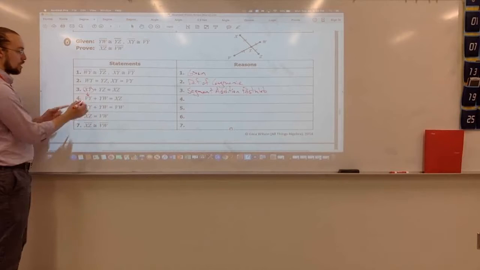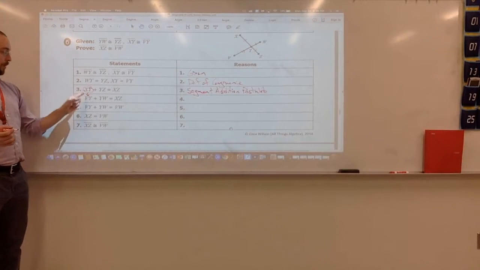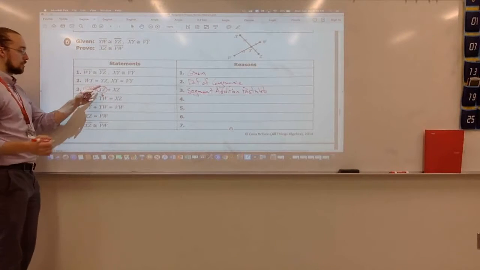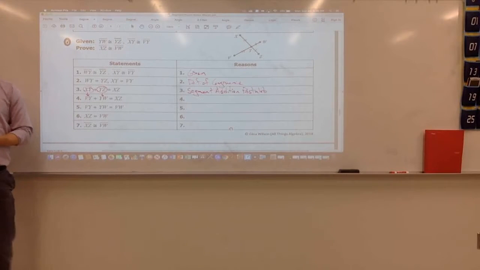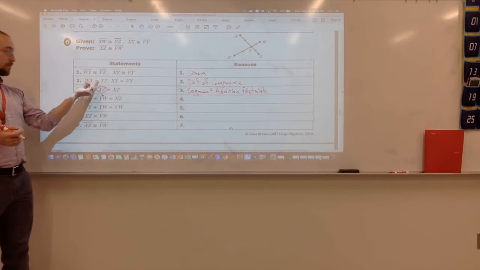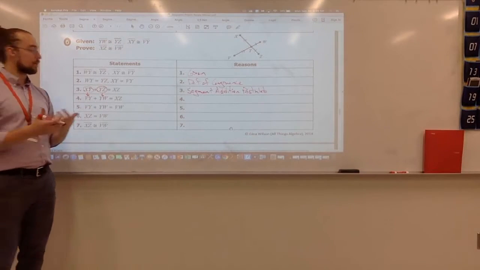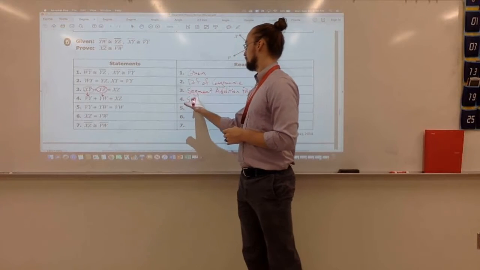Because we're saying XY and VY are equal, so I can substitute that. And then here, YZ and WY are equal, so I'm substituting that in. Since I know those two things are equal, I can substitute one in place of the other. So here, we can say substitution.